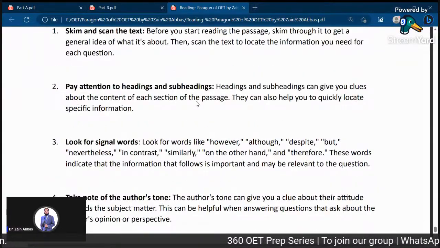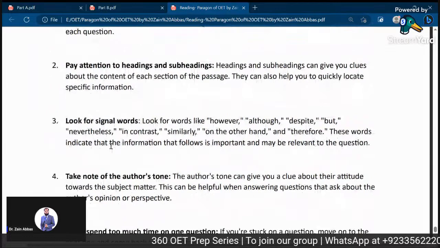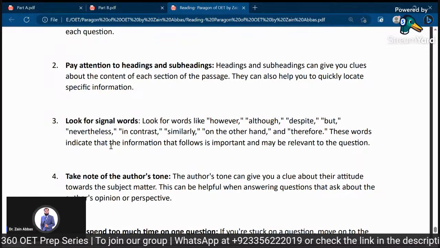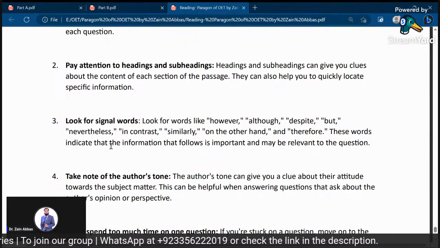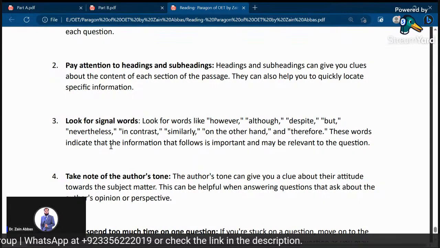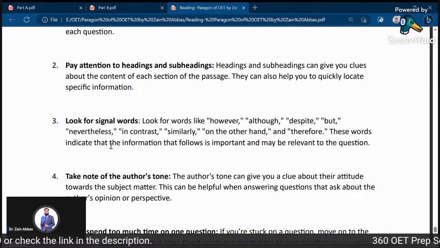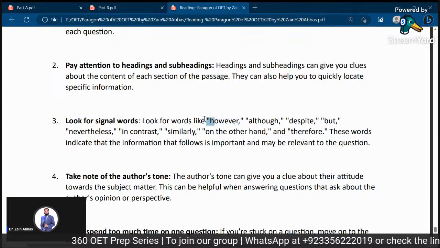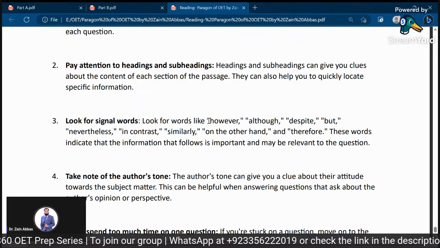And the next one is to look for the signal words. This is again a very top tip or trick that is very neglected or hidden. Many readers actually try to read the whole text. However, you don't need to read the whole text. You just look for these words. These are the signal words, or you can say the trick words.